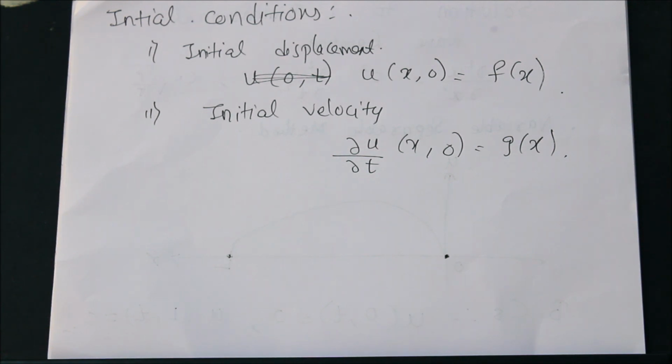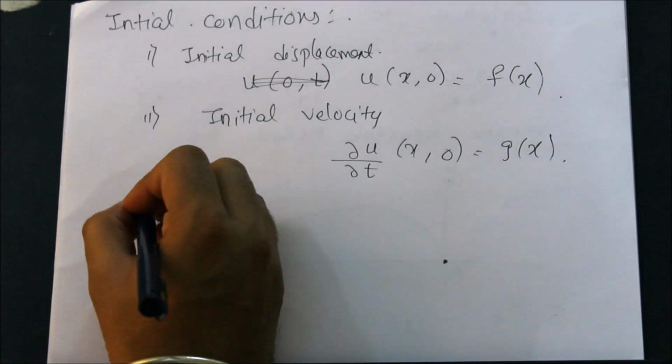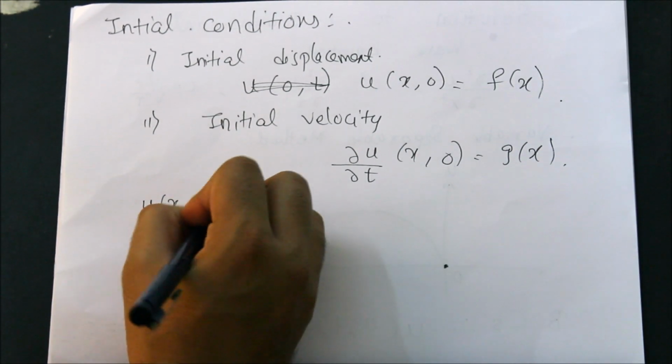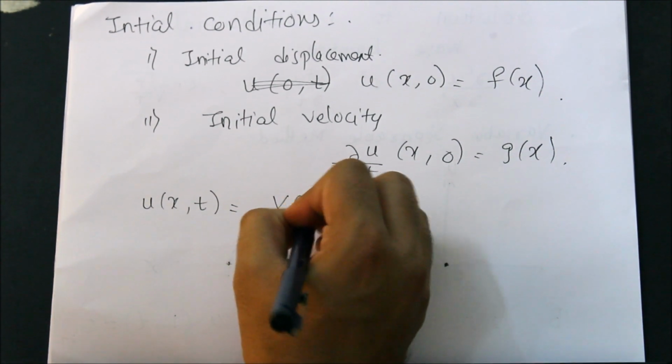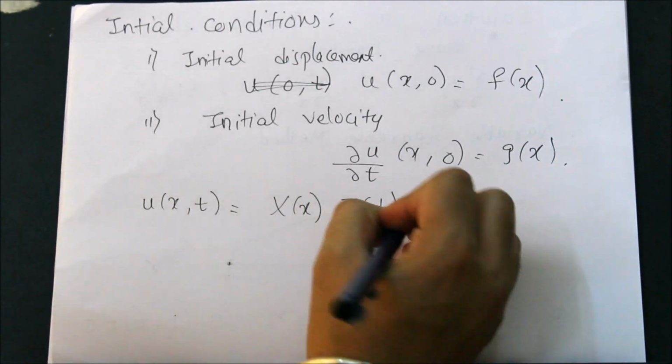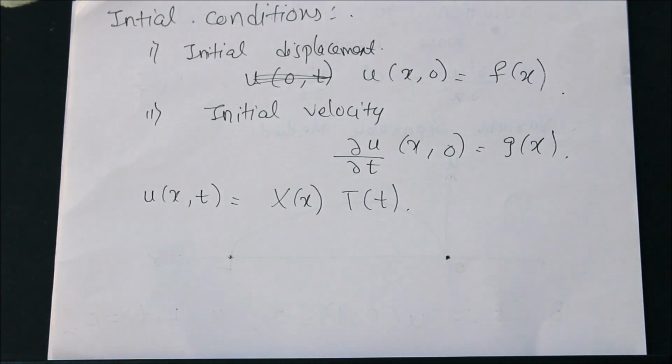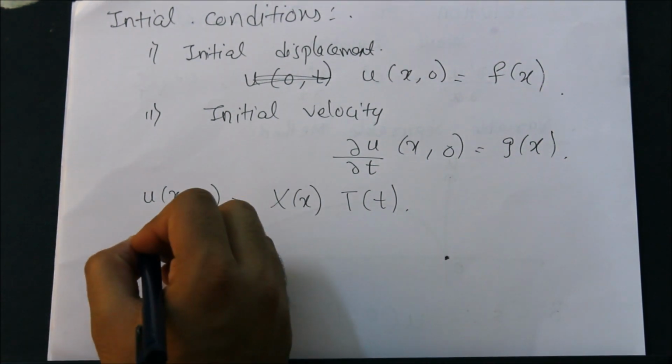So first let's do some basic building blocks for this derivation. We go the same way, by the variable separable method. What does the variable separable method say? Let u of x comma t, which is my solution, be written as a product of a function of x and a function of time. Since it's a solution, it will satisfy the differential equation.